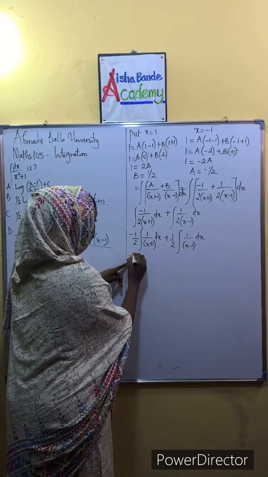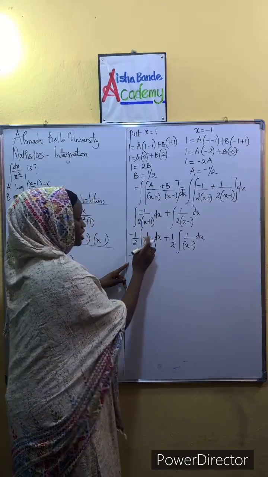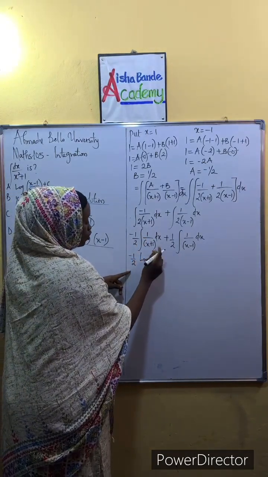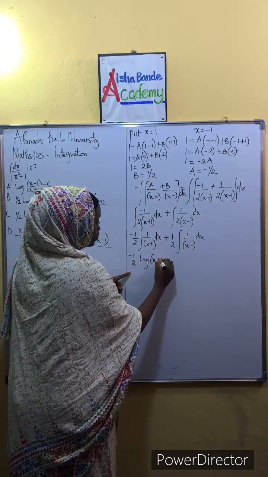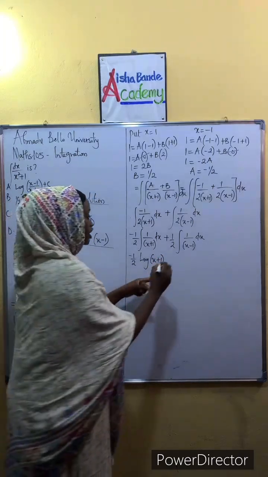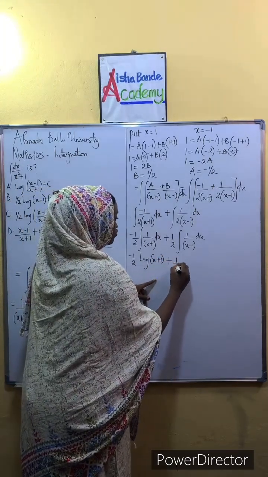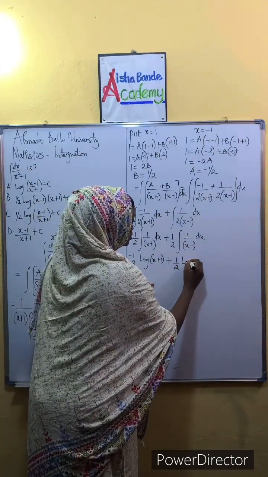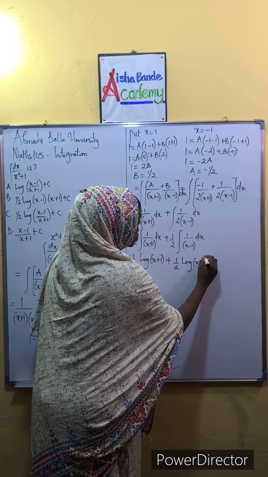The integral of 1 over (x plus 1) gives us log of (x plus 1), and the integral of 1 over (x minus 1) is log of (x minus 1).